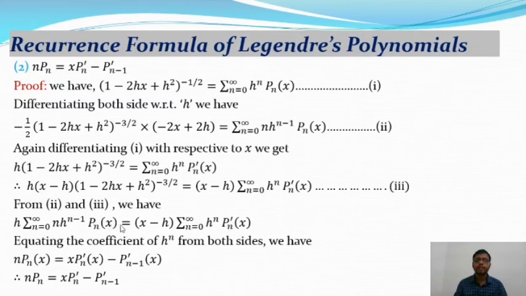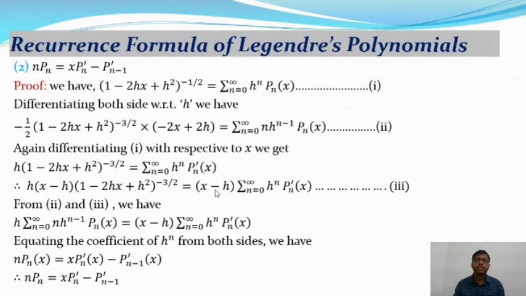Now equating the coefficient of h to the power n on both sides, we will get n into Pn(x) is equal to x into Pn'(x) minus P(n minus 1)'(x). This is the coefficient of h to the power n. And from this equation we get n Pn is equal to x Pn' minus P(n minus 1)'. Hence the proof of the second recurrence formula of Legendre polynomial.